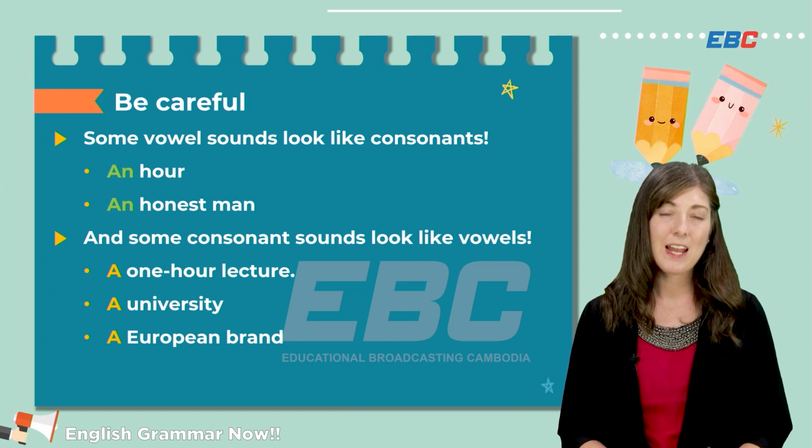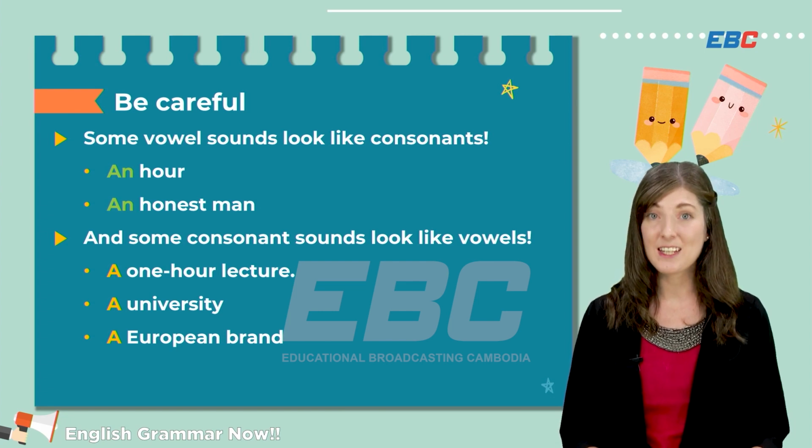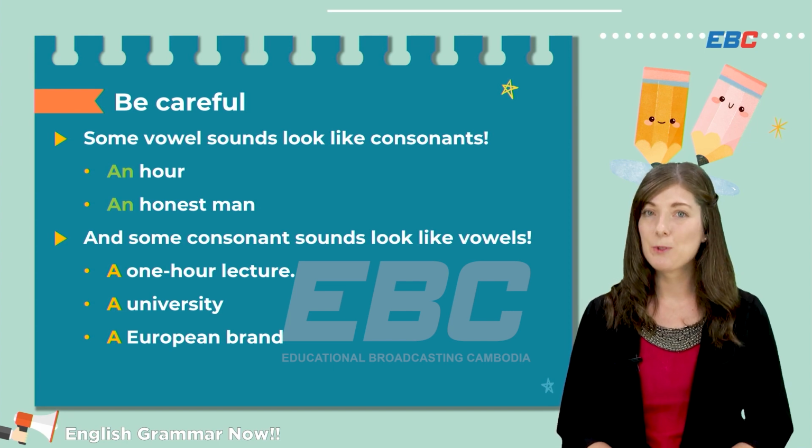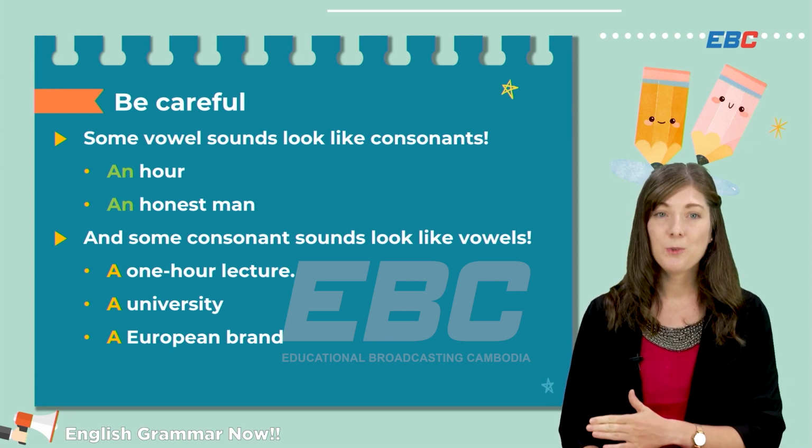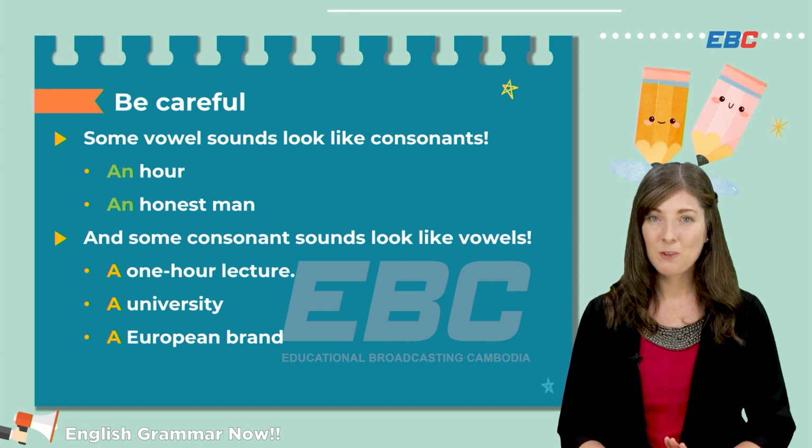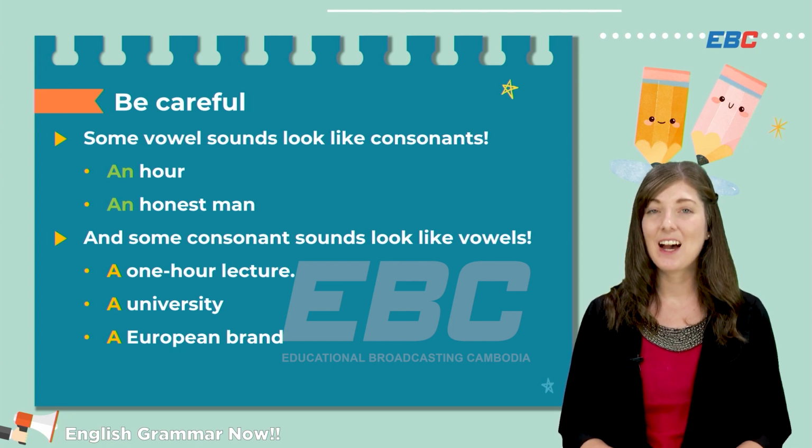In the same way, sometimes a consonant sound actually looks like a vowel. The most common examples are O, U, and E. For example, we would say a 1-hour lecture, a university, and a European band.